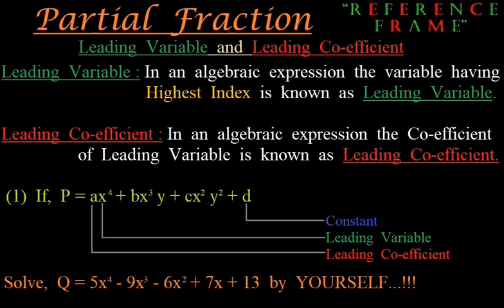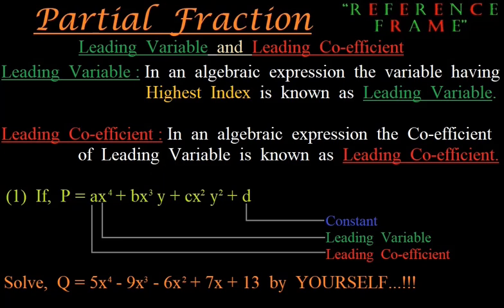This time we'll go for the leading variable and leading coefficient. In any algebraic expression, the variable having the highest index is known as the leading variable. If we look at the first example, here we have an algebraic expression p = ax^4 + bx^3y + cx^2y^2 + d. So here the highest index is for x, which is x^4.